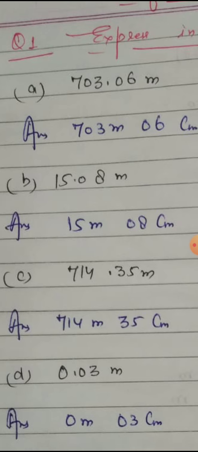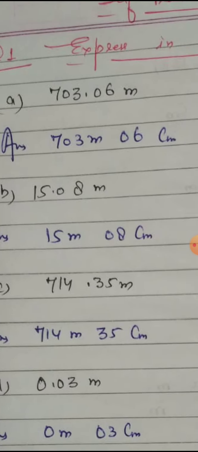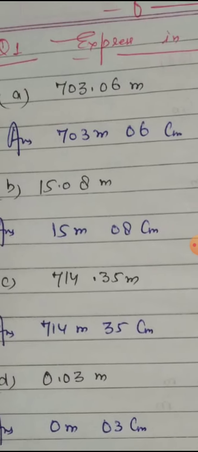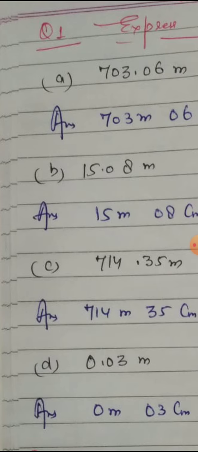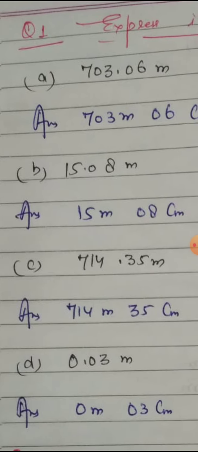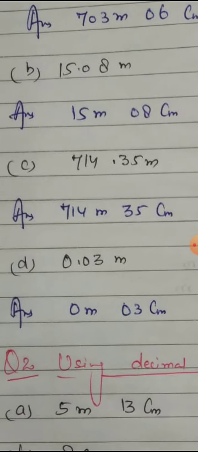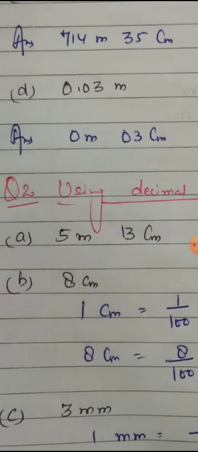So 2 places after the decimal, we call them centimeter. In the same way, 0.03 meter, in this question there is no meter, only centimeters are there. 0 meter and 0.03 becomes 3 centimeters.